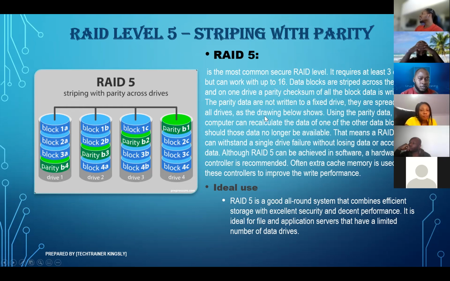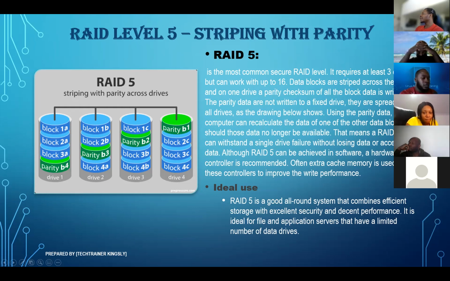As the drawing shows, which is on the side, don't mind my writing. Using the parity data, the computer can recalculate the data of one of the other data blocks, should that data no longer be available.